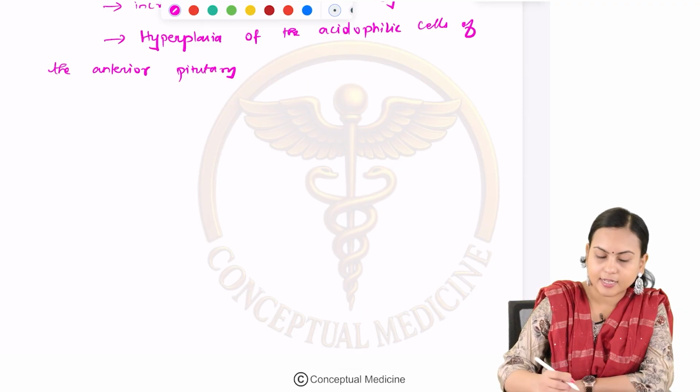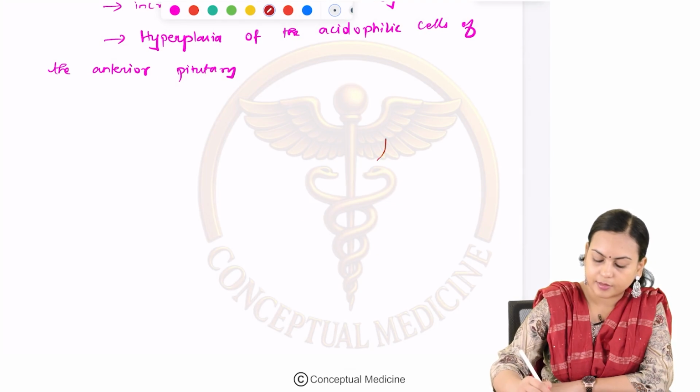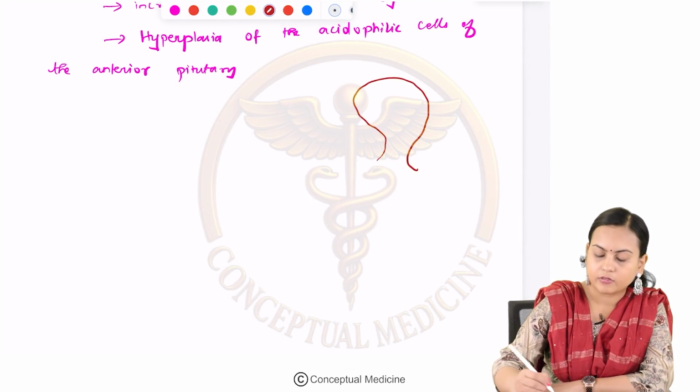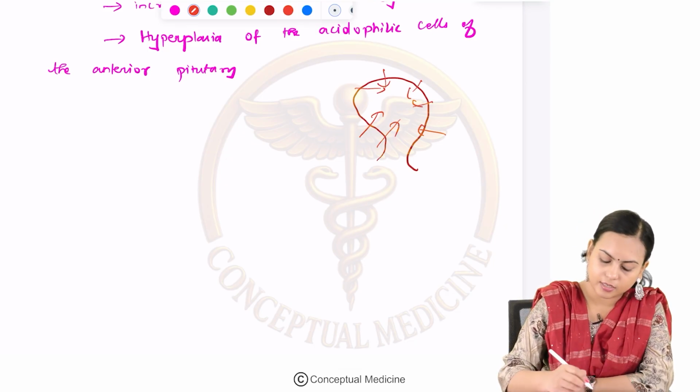Now, as the gland is going to increase, let us consider this as the pituitary gland. Now, this gland has increased. Also, for the growth of the gland, the vascular supply will also increase, right.